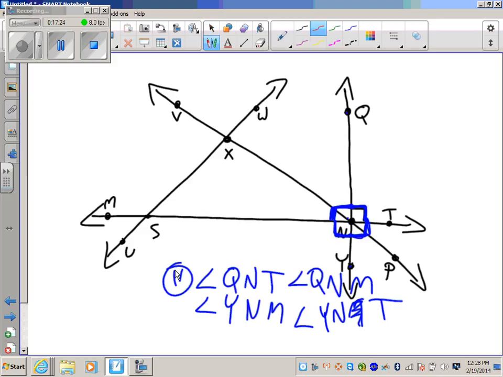So if this one here is obtuse, then the opposite one would be this one. You've got to label that one correctly, making sure that X is your middle, or your vertex. Order matters, at least the vertex needs to be in the middle.